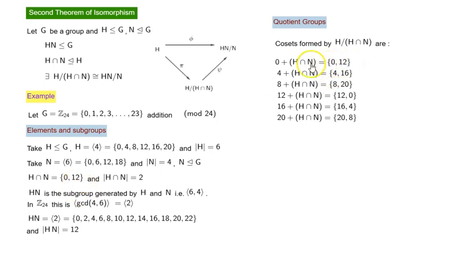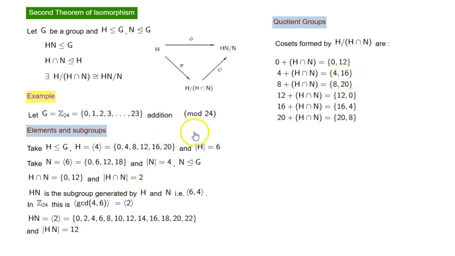So {0, 12} is generated by 0 from H and all the elements of H intersection N. Then we take 4 from H and add it to all the elements of H intersection N. So 4 plus 0 is 4, 4 plus 12 is 16.